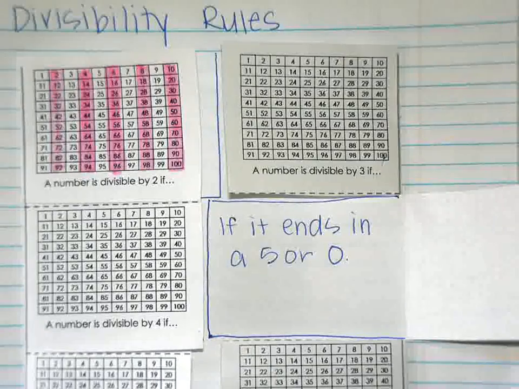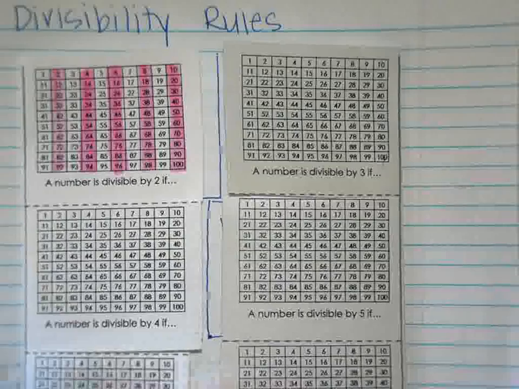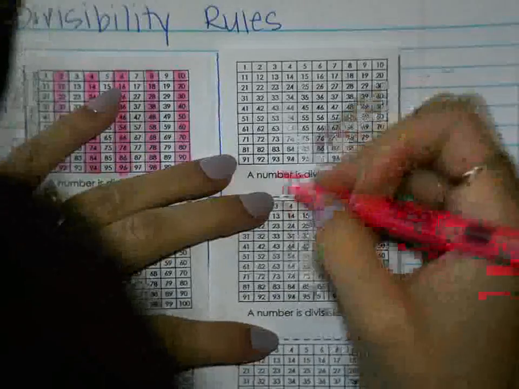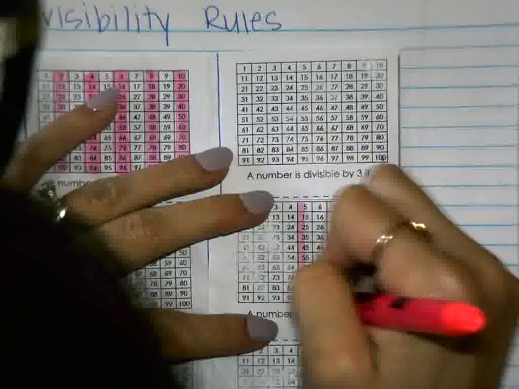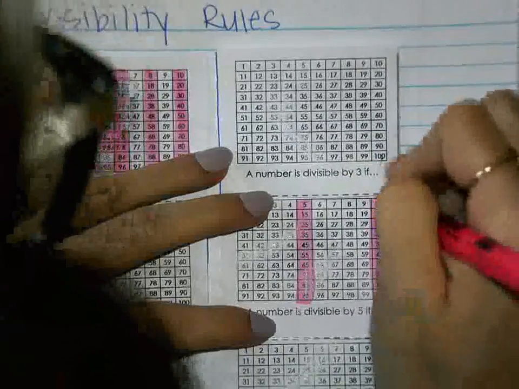A number is divisible by 5 if it ends in a 5 or a 0. So that means I'm going to highlight all of the numbers that end in a 5, and all of the numbers that end in a 0.